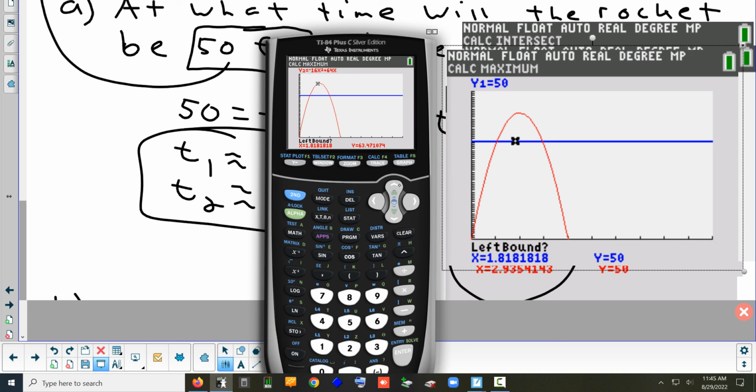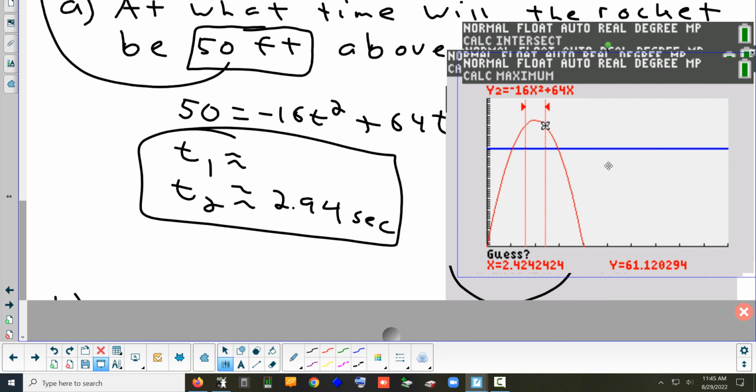You have to tell the calculator somewhere that you think is to the left of the maximum. So I'm going to move my cursor somewhere to the left. I'm going to hit enter. And then it asks for right bound. So I'm going to move my cursor somewhere to the right of the maximum. So what I just did is I told the calculator, look between here and here for the maximum.